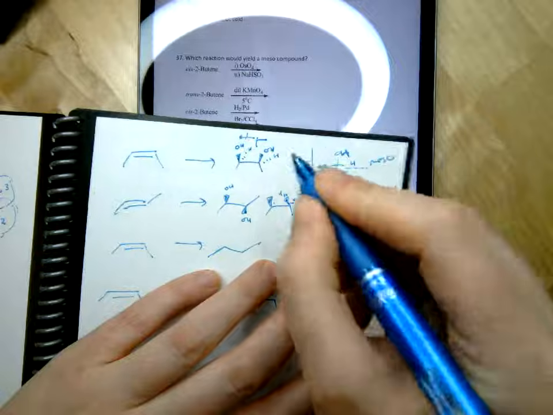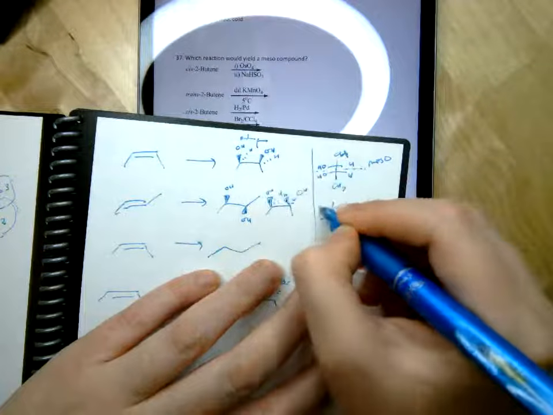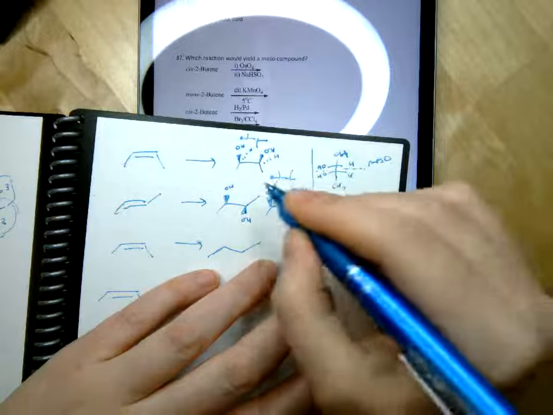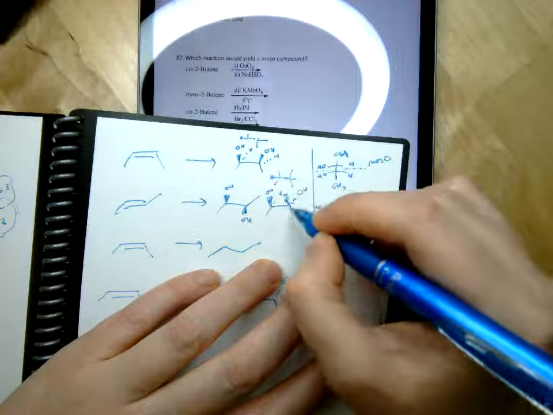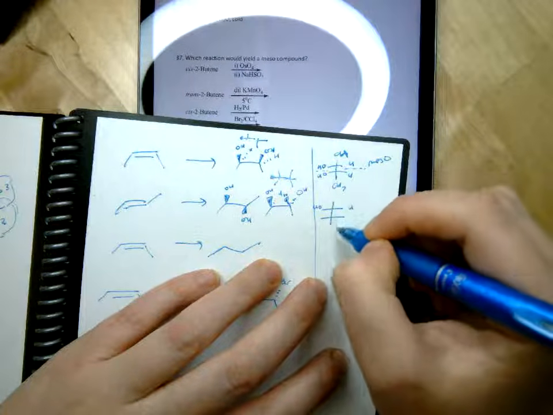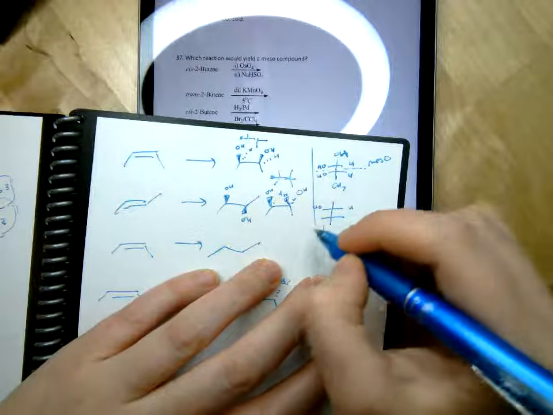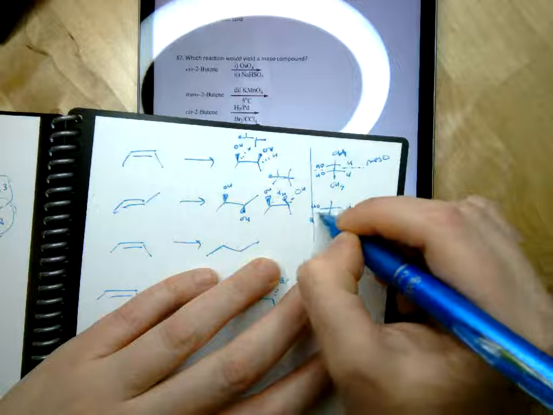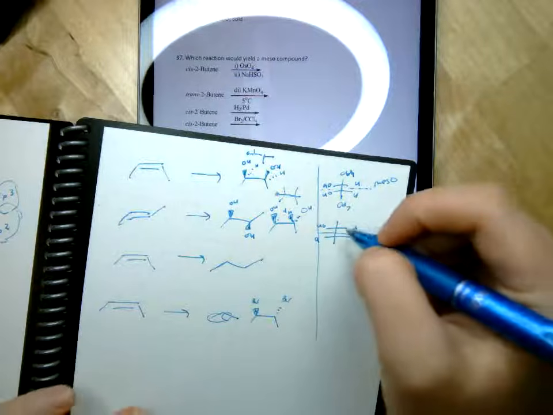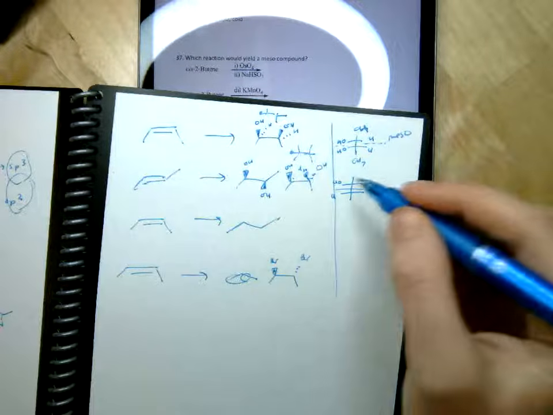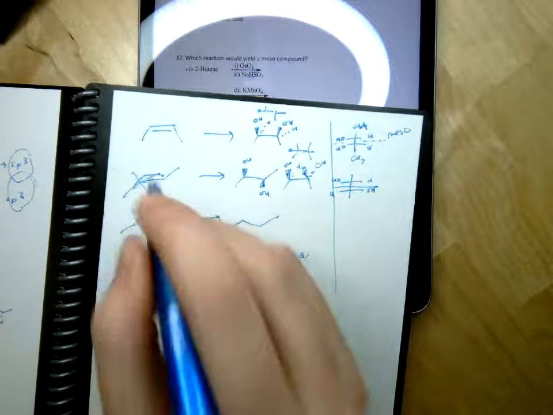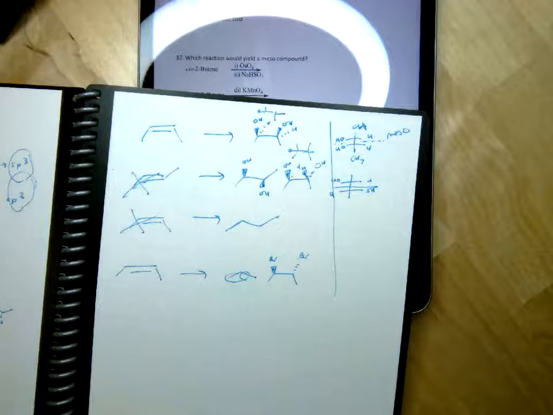I'm still on this side looking at it from above. So the alcohol is on the left, the hydrogen is on the right, CH3 going straight back for both of these. And then on the bottom one, the alcohol is on the right and the hydrogen on the left. So that is not a meso compound because the CH3s are already lined up, but the rest of it isn't. This isn't a meso compound because it has no chiral centers.